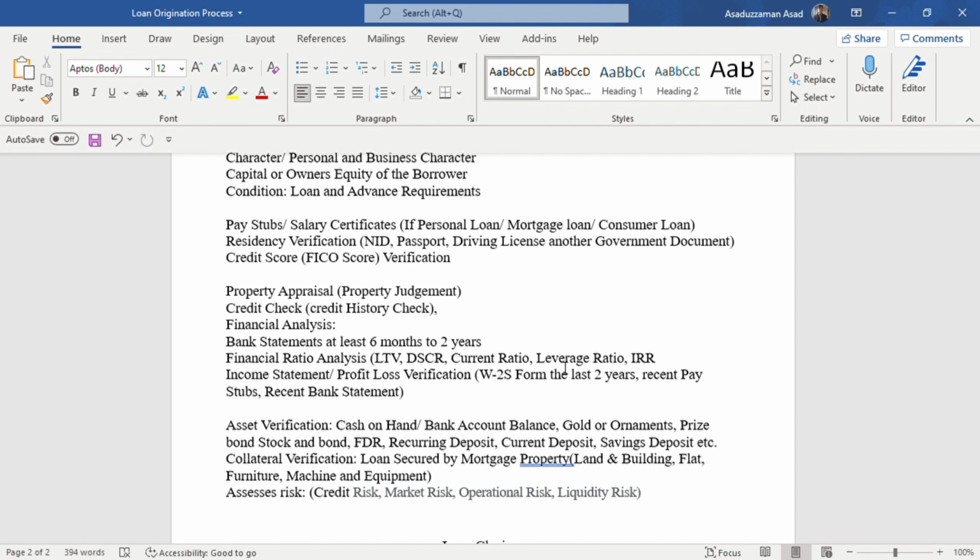The party or the borrower in the long run may default or become a defaulter. So the asset quality of the borrower is very important to take a loan or provide a loan by the bank or financial institutions.